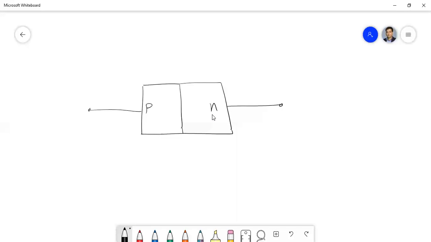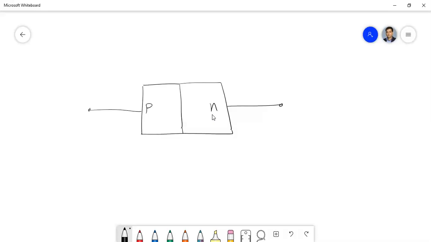Drift is generally created by the electric field: the velocity created by the electric field in the carriers is called drift. And diffusion generally occurs due to the variation in concentration of the carriers. If there is a change in spatial density of the carriers, then diffusion occurs.